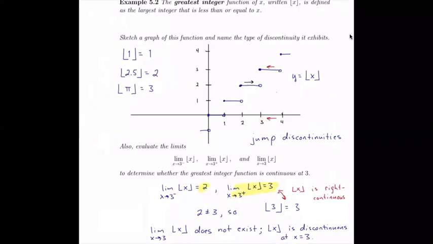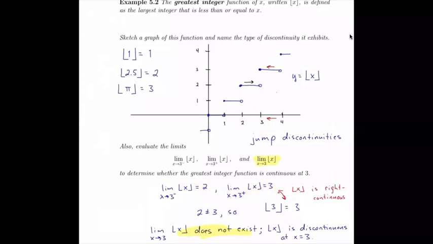And it's probably pretty easy to know that this function doesn't have a limit as x approaches 3, because the left-hand limit and the right-hand limit aren't equal. Though it has left-hand and right-hand limits, they exist, they're not equal. So the limit of the function as x approaches 3 does not exist.